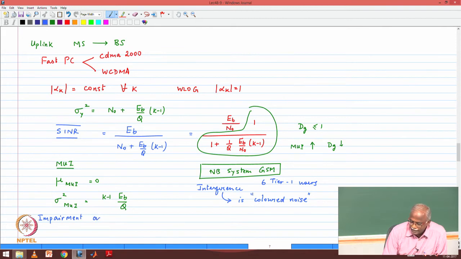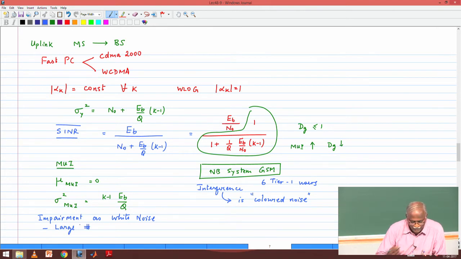The reason for this is that we have a large number of users, and then the central limit theorem kicks in. I will just say K up with an up arrow, large number of users, and also the fact that the spreading factor plays a role.